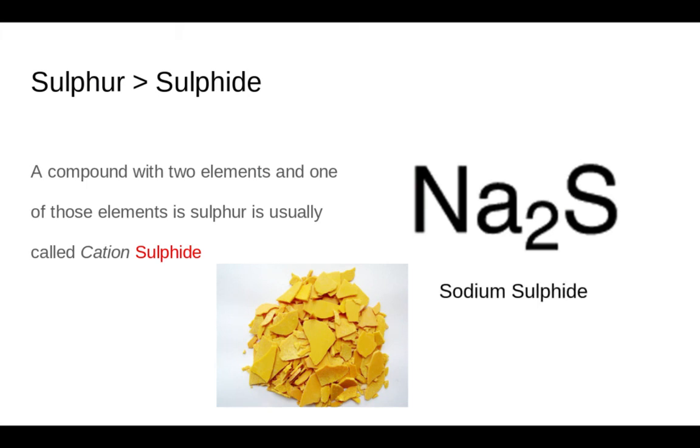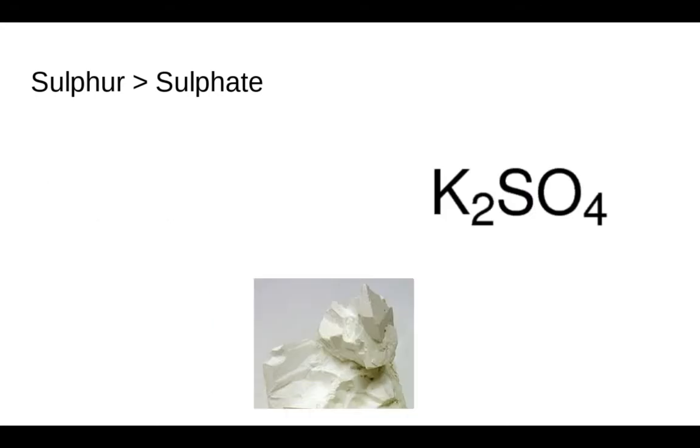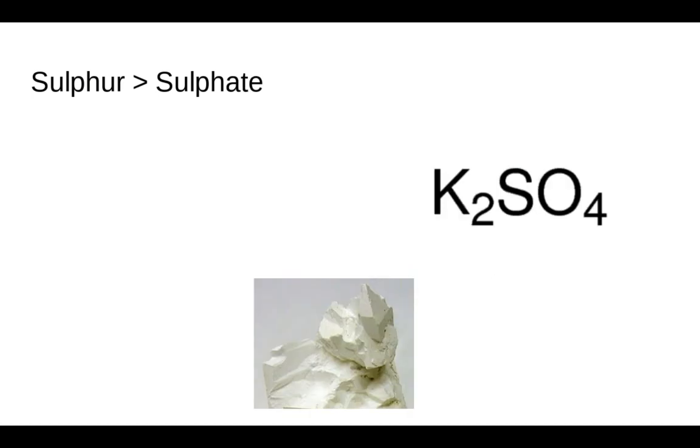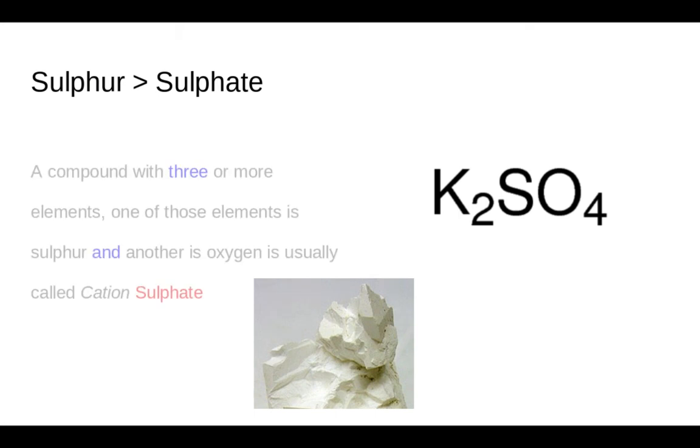So now we're going to look at a little change. Here is when sulfur becomes sulfate. Before it was sulfide, but now it's sulfate. What is the difference? This thing, oxygen, okay? When you have oxygen and the anion in question, we have another small change. A compound with three or more elements, where one of those elements is sulfur and another is oxygen, is usually called cation sulfate.